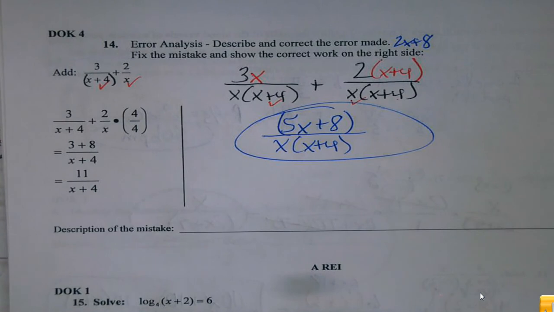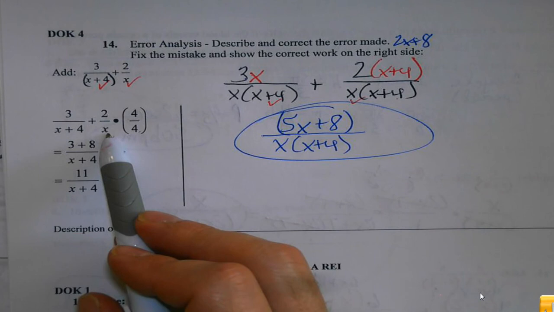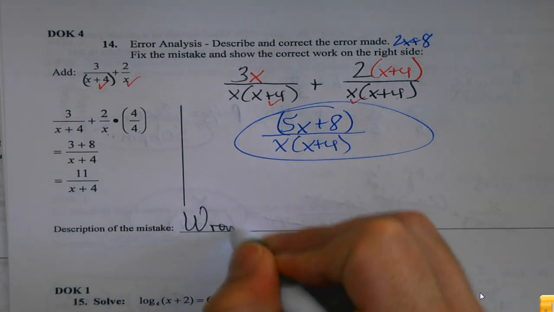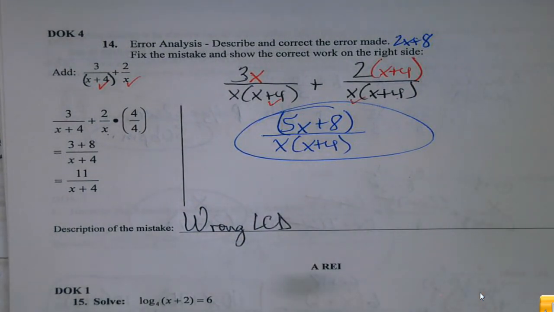Now I can start peeking to see what went wrong here. And I'm looking and I'm like, well, that was kind of dingy. Looks like he did times 4, but that's going to make 4x. So lots of things here. First, wrong LCD. Or that's even enough for me.